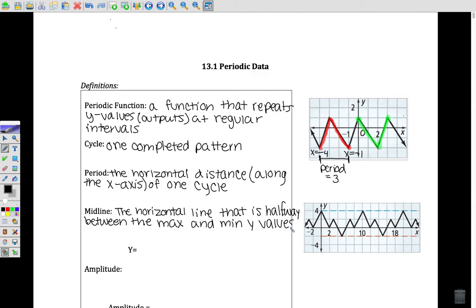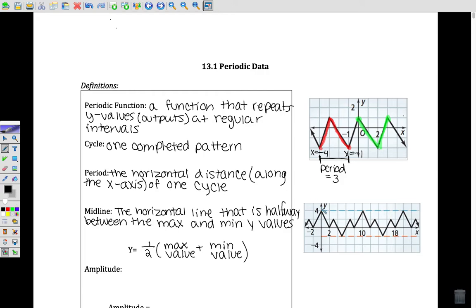The equation we use to come up with this midline, it's a horizontal line, so the equation is y equals 1/2 of the max value plus the minimum value. So it's halfway between those 2 points.